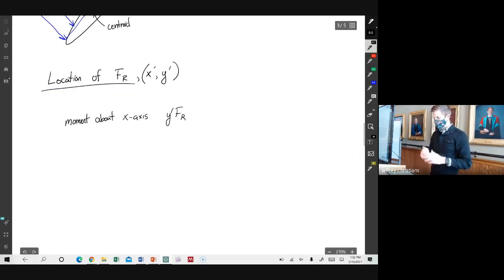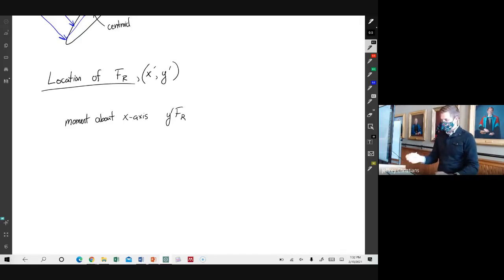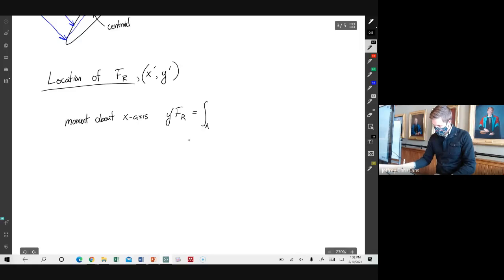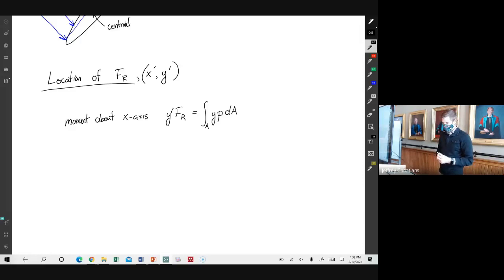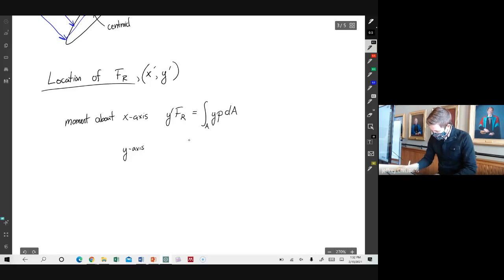So the moment about the x-axis equals the integral over the area of y p dA. Okay, and then the moment about the y-axis is similar.